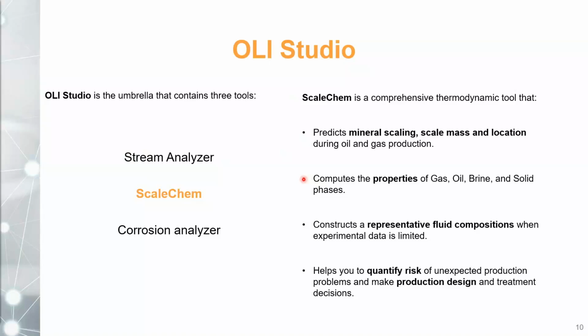This tool will help you to compute the properties of these mixtures, and this will give us a representative fluid to then use to predict mineral scaling. You will be able to quantify the risk of unexpected production problems, and this tool will help you to make production designs and treatment decisions.